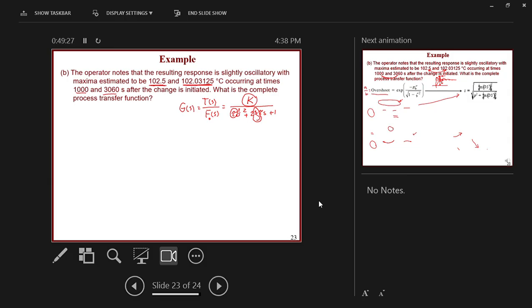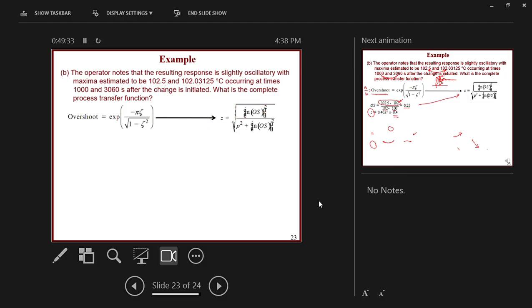And from the period we can do other calculations. Now the overshoot, as you know, is defined as minus pi zeta over the square root of 1 minus zeta squared. And this overshoot can be calculated from the difference of these two temperatures.